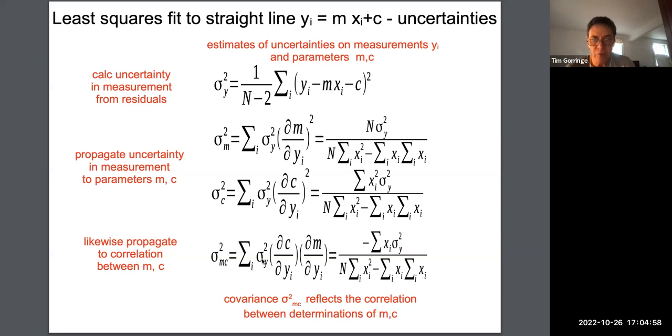Again, you can calculate it from these partial differentials. Now you need to know both how c changes with the data points and how m changes with the data points. So it's a slightly different calculation, but it's the one that tells us the correlation between the two. And again, I haven't derived it. Here's the result in terms of the error on the data points.